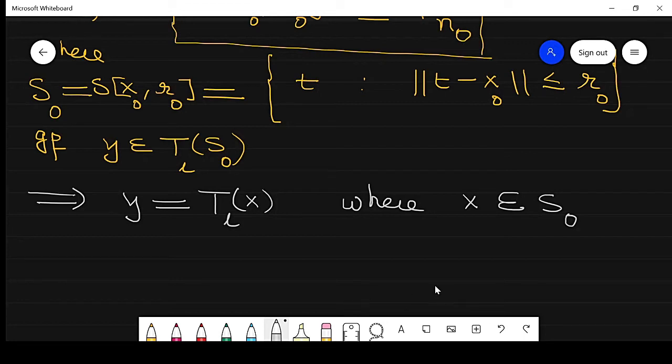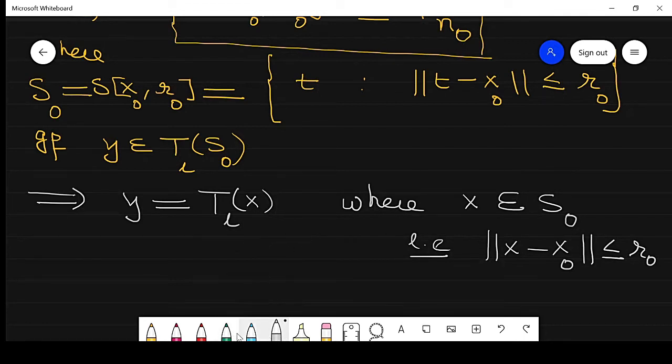So what is that condition? That condition is norm of x minus x0 less than or equal to r0. Any member belonging to this satisfies it in this way.